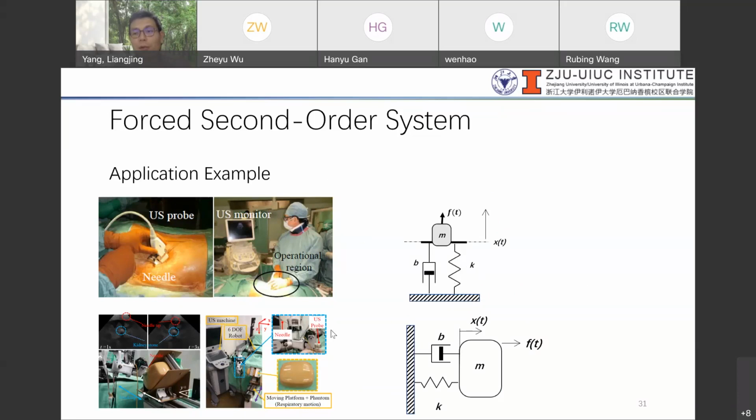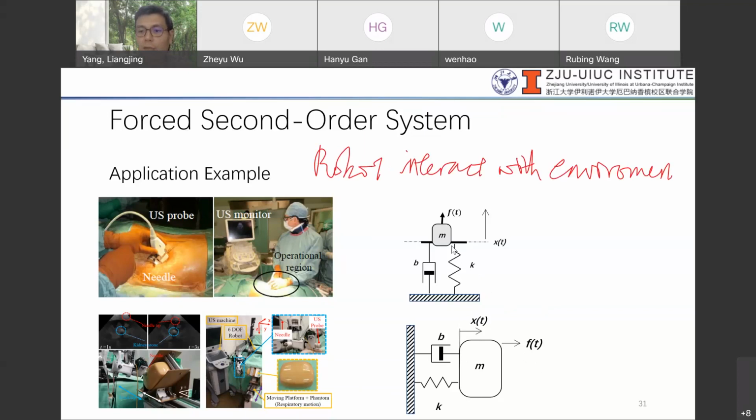But when you want a robot to do something like that, when a robot interacts with the environment, you will need to be able to model it in such a way that it can satisfy some of your control performance requirement.